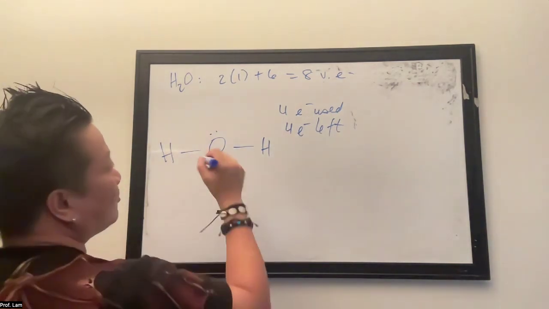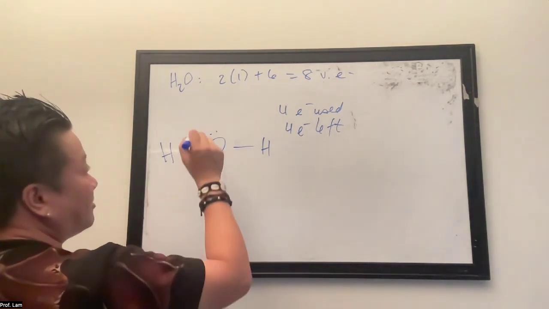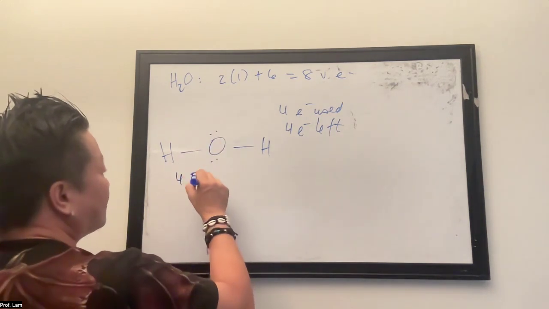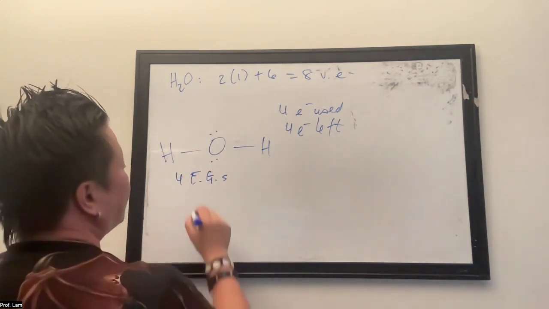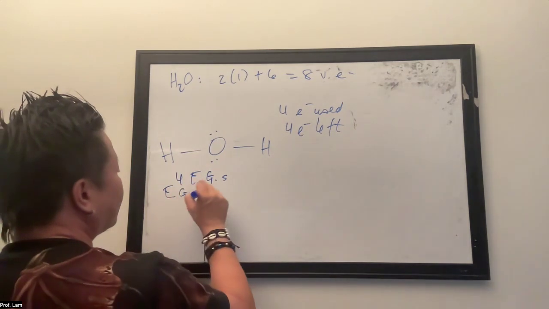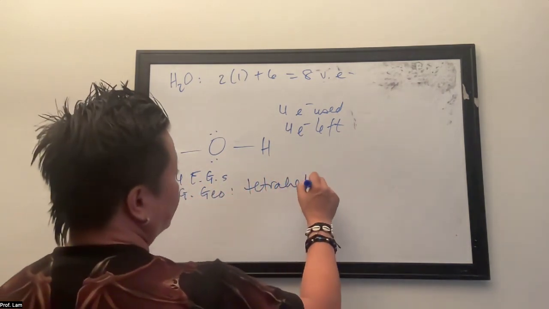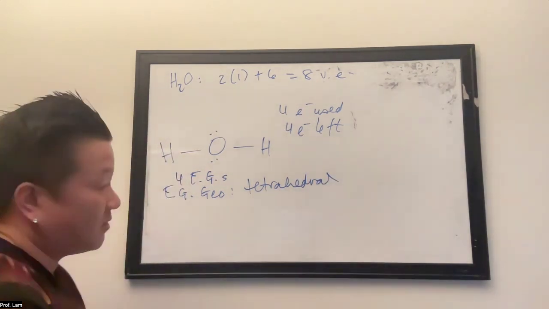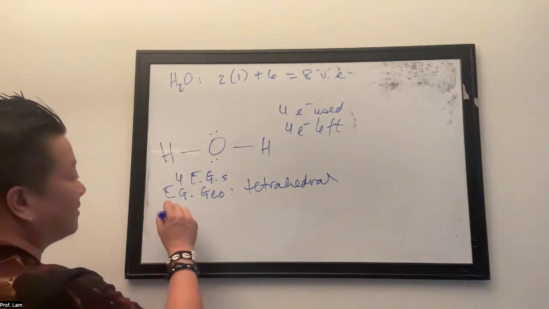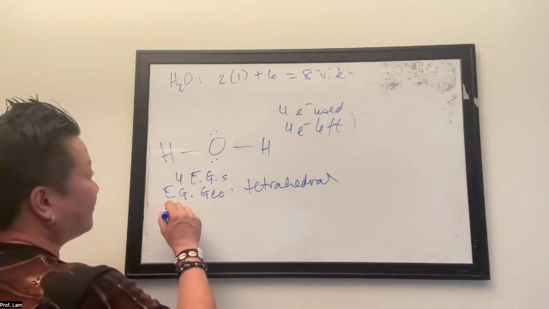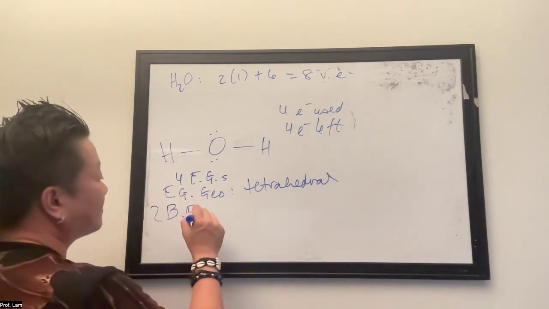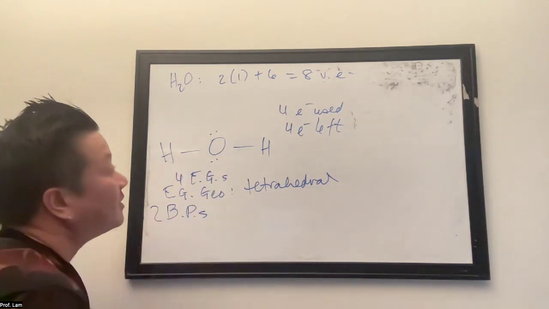So now you count the number of electron groups around oxygen, 1, 2, 3, 4. So the electron group geometry is tetrahedral. And we have 2 bonding pairs, right?